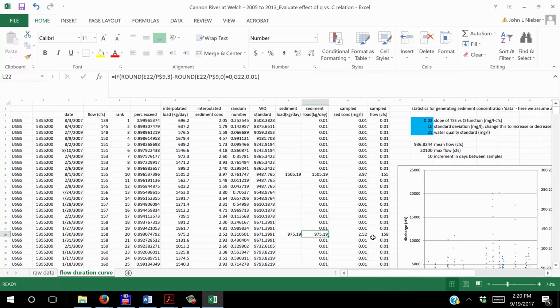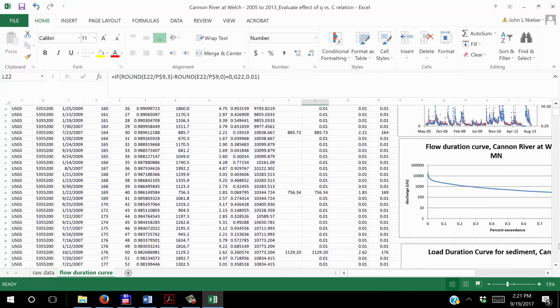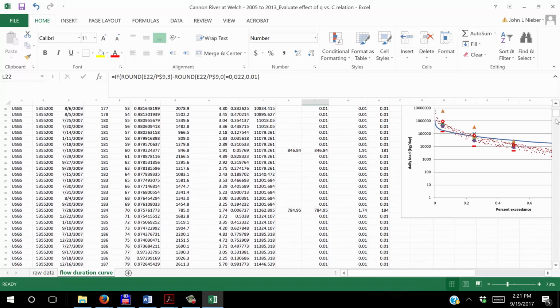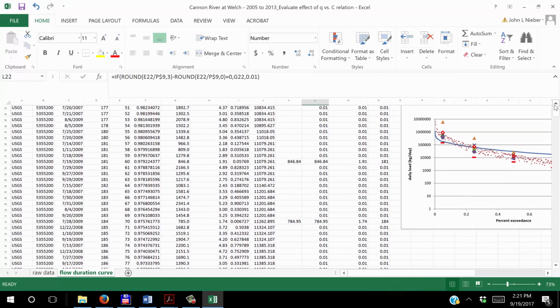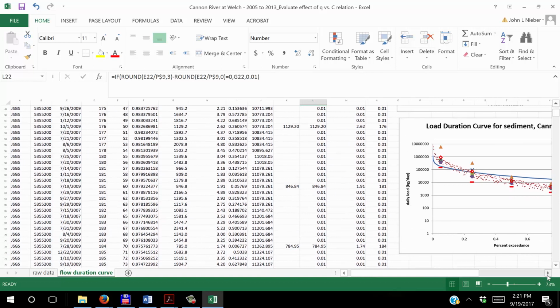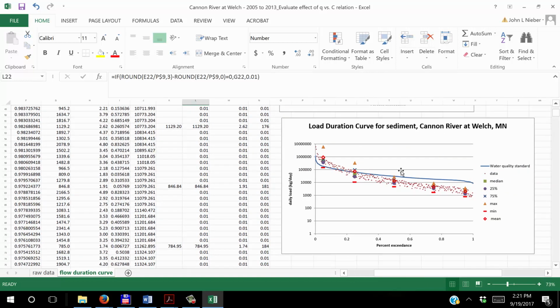And the plot would be 1505 on the vertical axis. So here I've got plotted on here the load duration curve for the target. And then you can see that all these points are scattered a bit. Still looks pretty good, but I could fit a line through those.